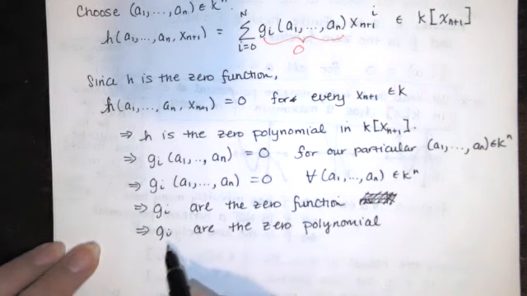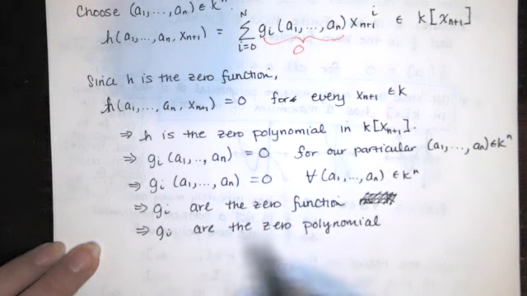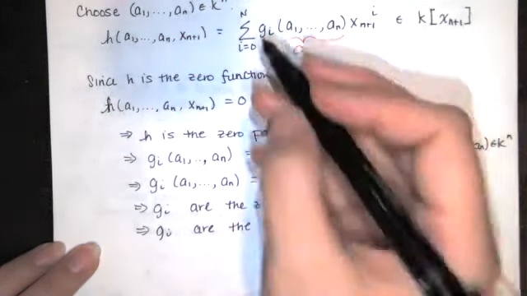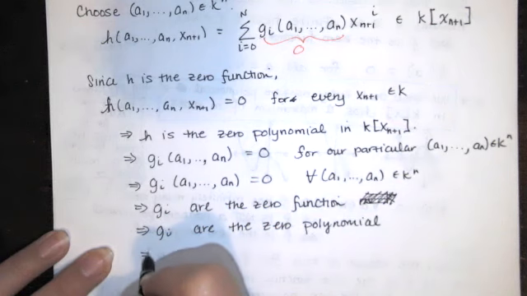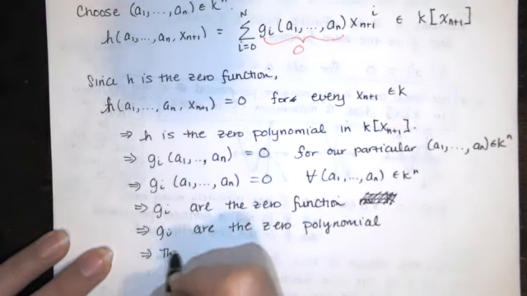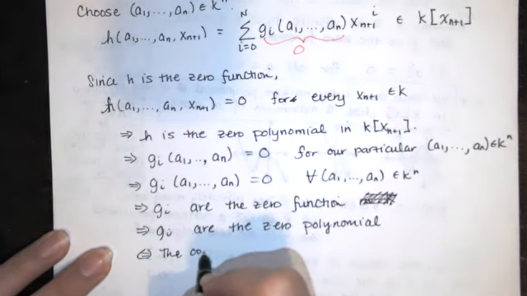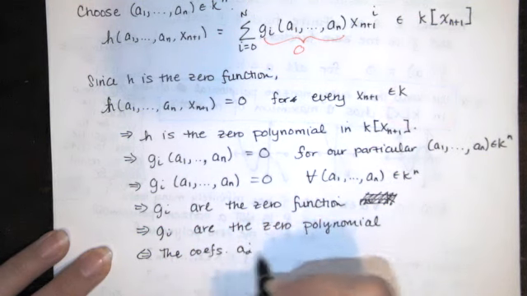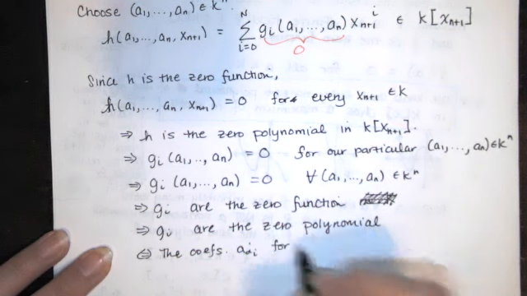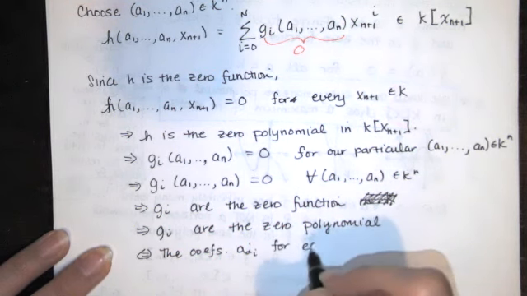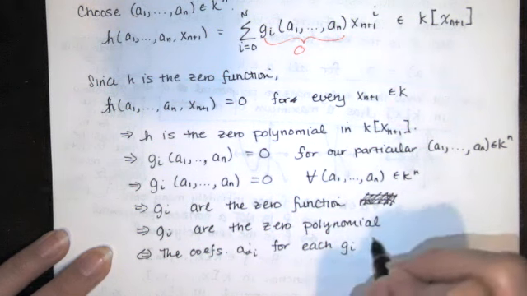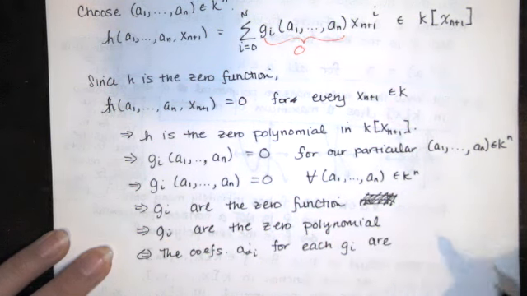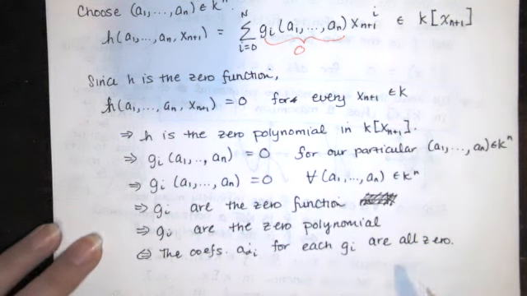When we say that g sub i is the zero polynomial for i equals 1 through capital N, what we're saying is that the coefficients, that's equivalent to saying that the coefficients a sub alpha sub i, for each of the g sub i, are all equal to 0. So it does not matter what x is.